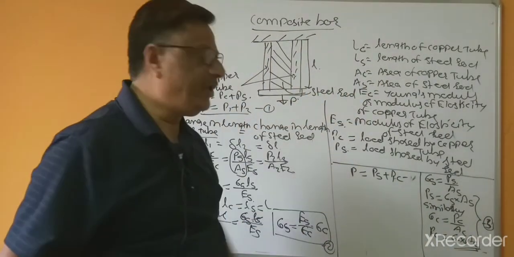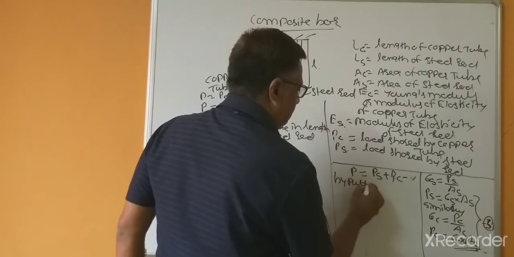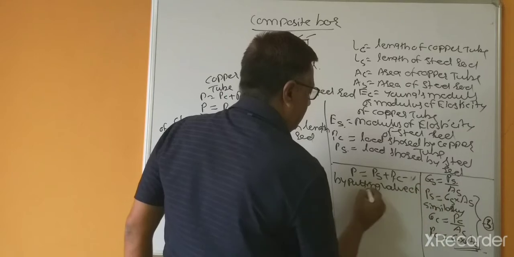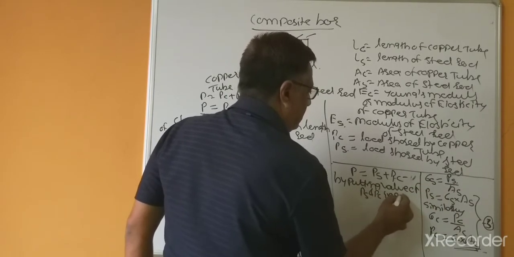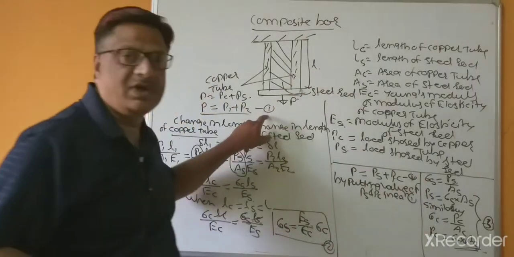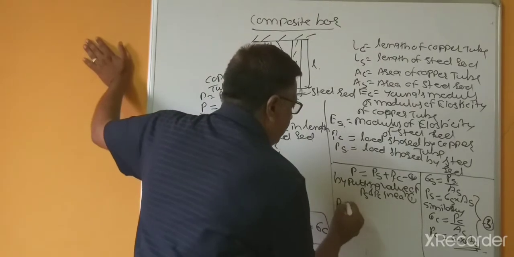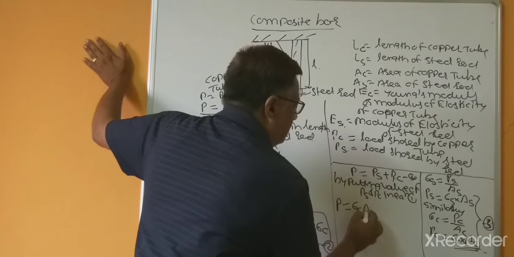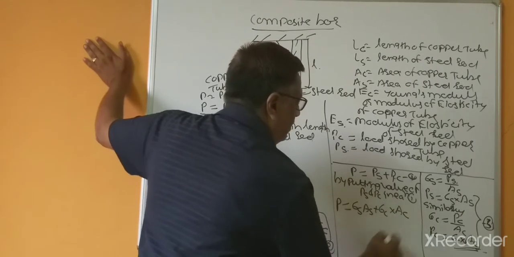Now by putting the values of PS and PC in the first equation, this equation becomes P equals sigma S AS plus sigma C into AC.